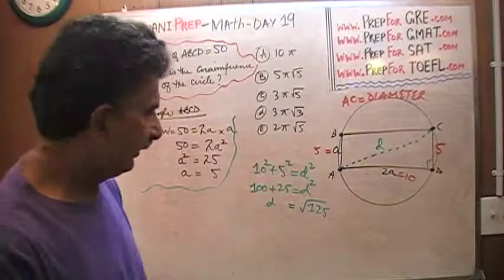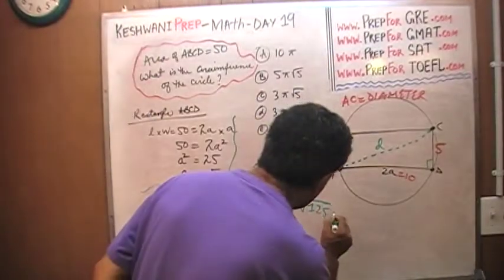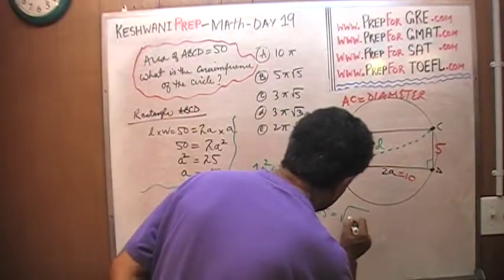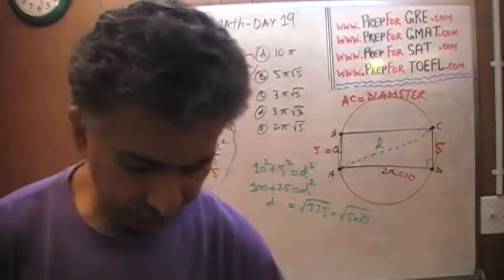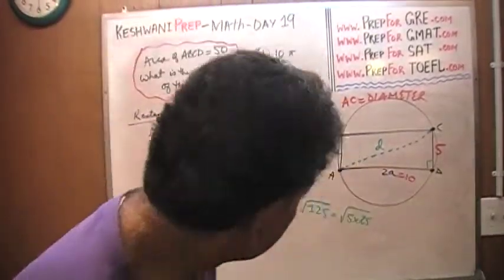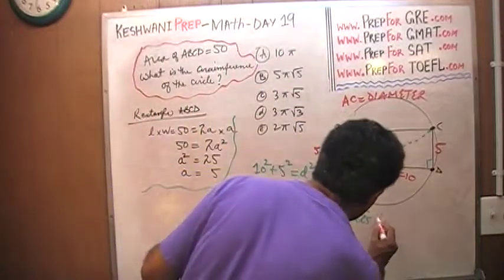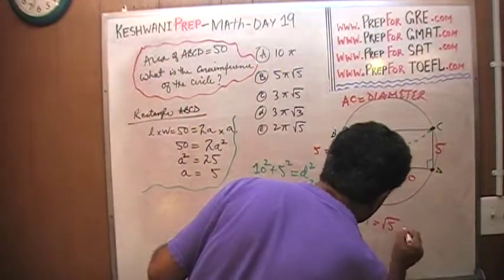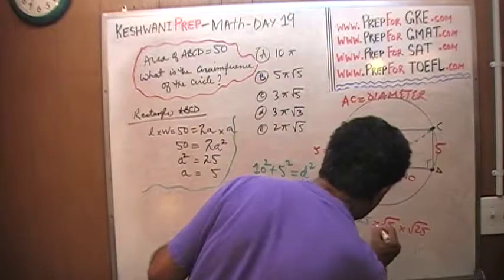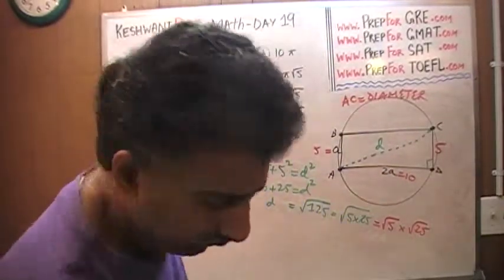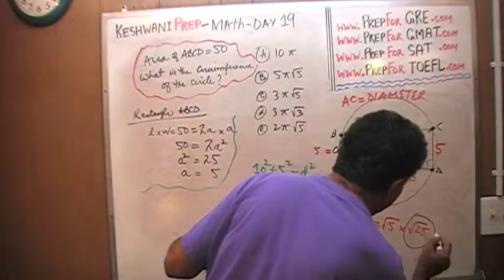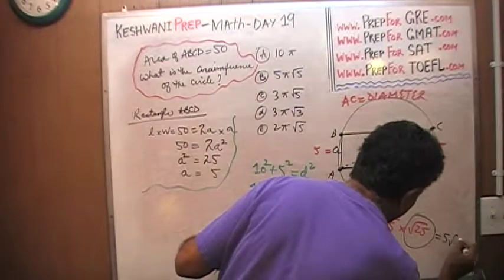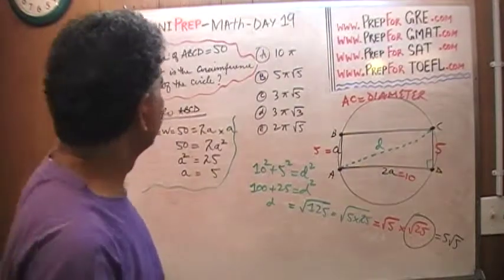Square root of 125 can be written as 5 times 25. Why do we break it up into 5 times 25? Because it can be broken up further as the square root of 5 times the square root of 25. And the square root of 25 we know is 5, and therefore this goes down to 5 times root 5.